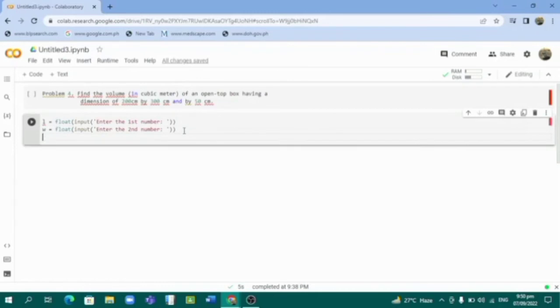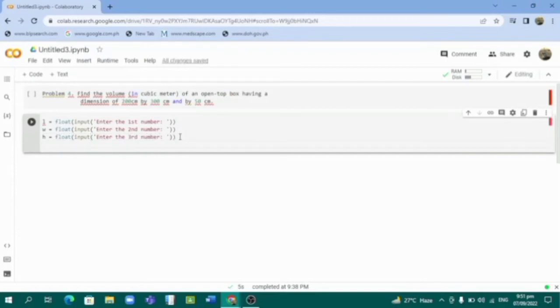For the third line, we're gonna put here h, which is the height, float function, close open parentheses, input, ask the user to enter the third number, colon, then space.